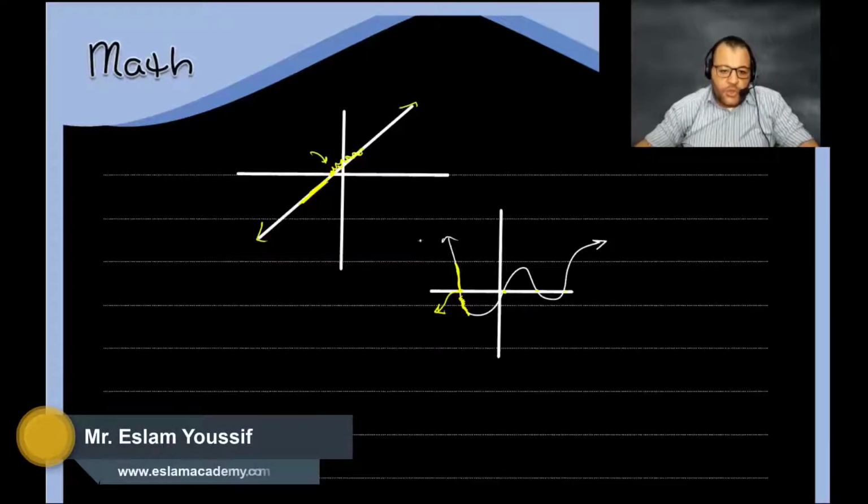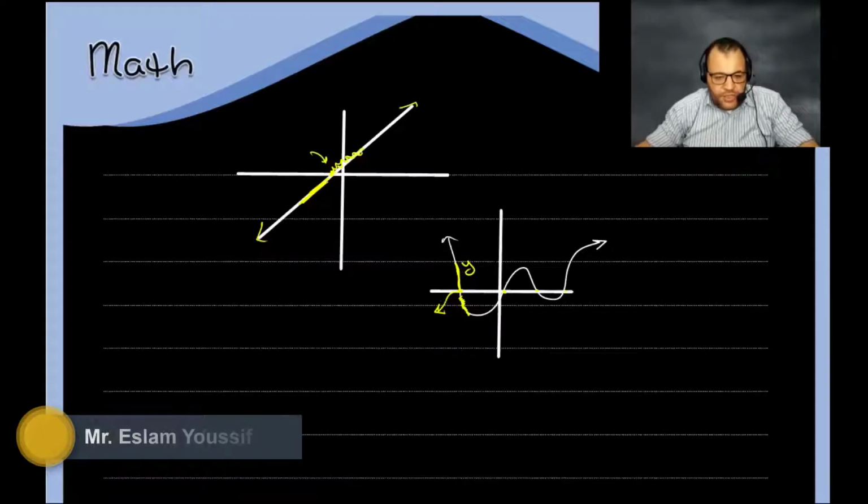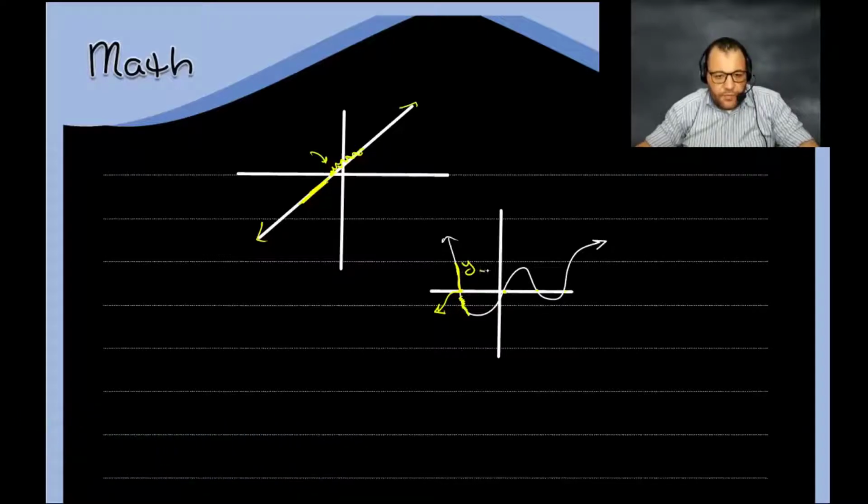At this part, is y positive or negative? Positive. And here? Negative. Here we have another solution. At this part, y is negative, and this part, y is positive.